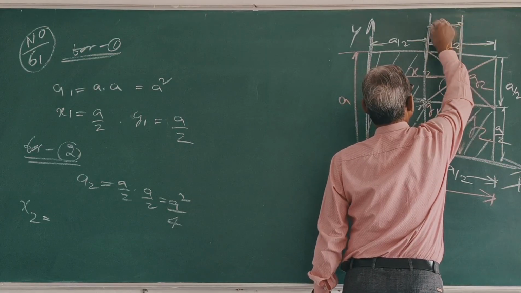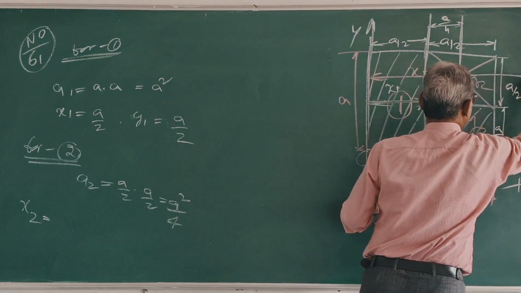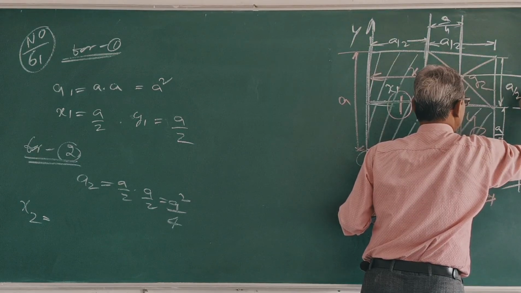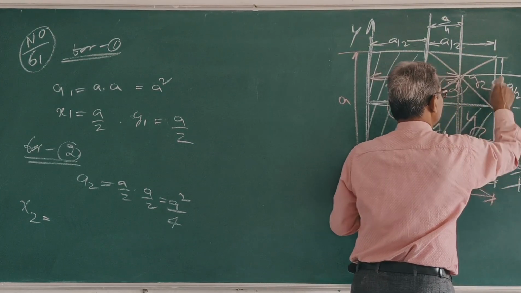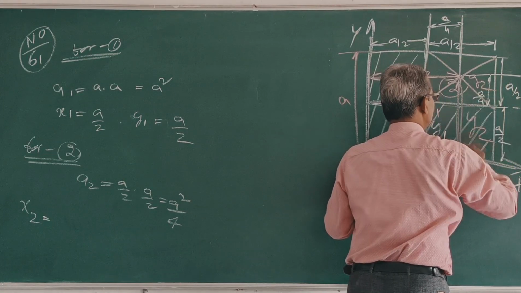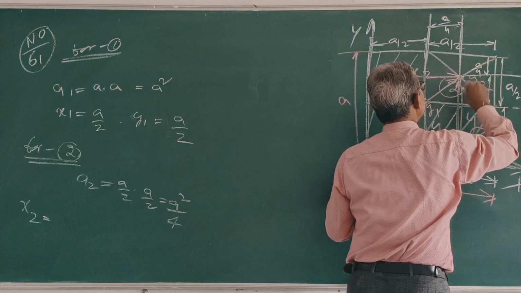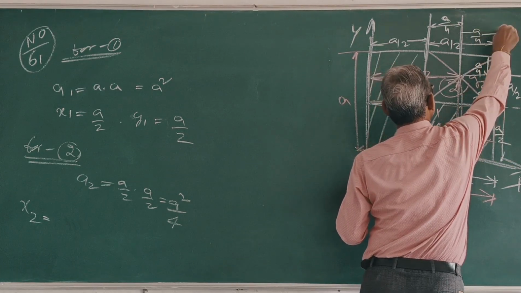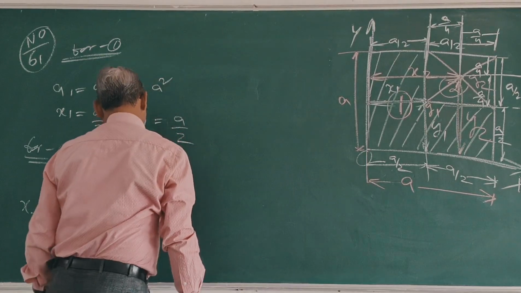What is this length? A by 4. So this is a by 4, this is a by 4. Clear?